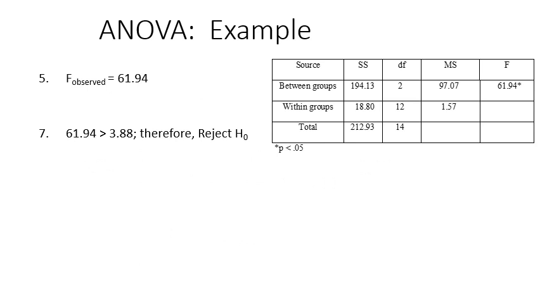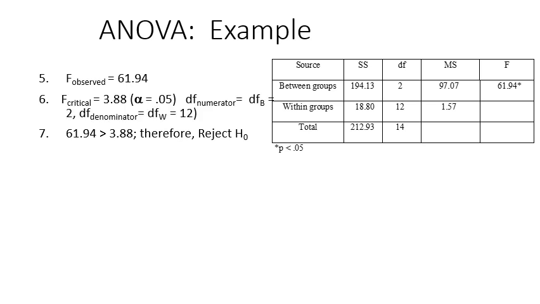Let's plug all of that into our Anova table. Looks like my timing is getting a little off here, but that's fine. Our F observed is 61.94. Our F critical, we take it from the chart we had earlier, and we get an F critical of 3.88.